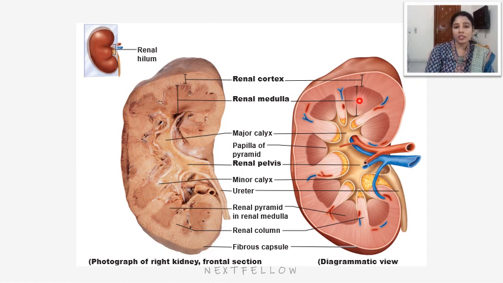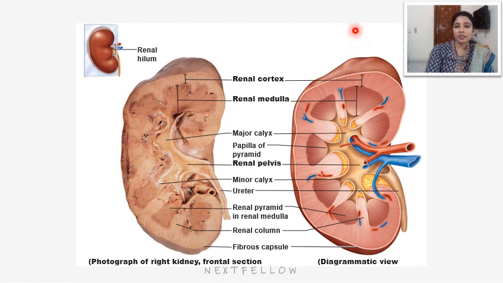And if you see the apex of the renal pyramid, it ends up forming a renal papilla, which fits into a cup shaped structure called a minor calyx. And these minor calyces join to form a major calyx. So 10 to 25 minor calyces are there in each kidney, which open up into the major calyces, and the major calyces join to form the renal pelvis.